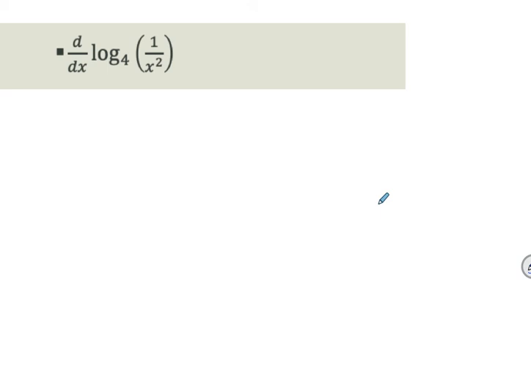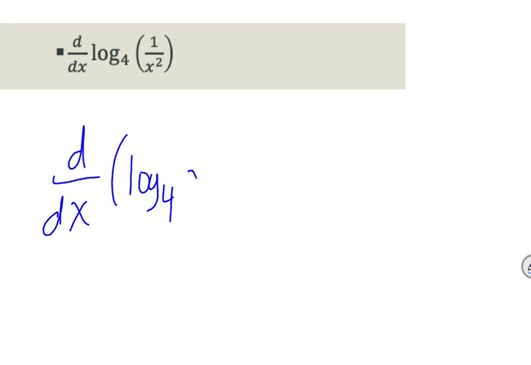Log base 4 of 1 over x squared. How do you want to start it? Yep, that's one option. And then what do we do after that? Exactly. So x to the negative 2.